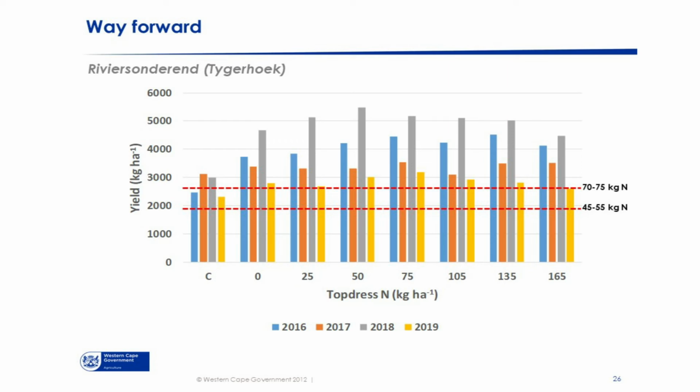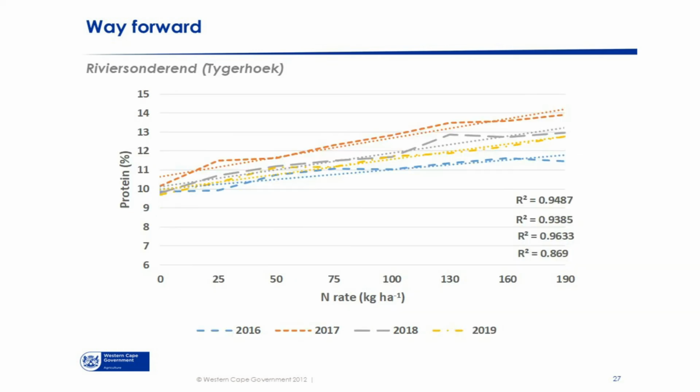If, according to their tables, you want to achieve a yield of 2.75 tons per hectare, a little bit more rain, then you should apply 70 to 75 kilograms per hectare. So when we look at this, it seems that you have to apply much less to get to similar yields. But this is not the end of the story.